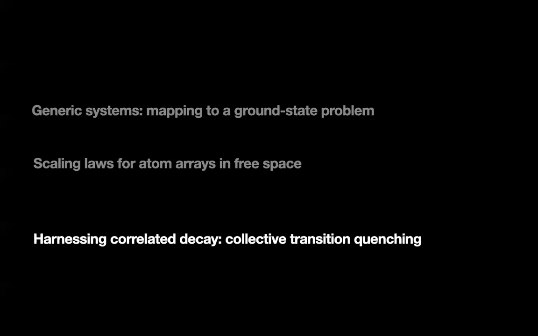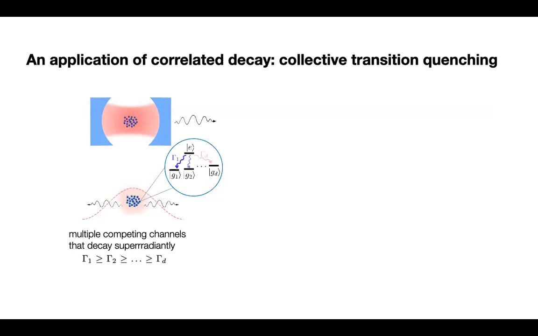Okay, and then maybe briefly, I just want to show you some recent results on a situation where correlated decay is actually pretty awesome. The situation is the following. Imagine that you have particles, atoms for instance, in a situation where there are multiple decay channels.